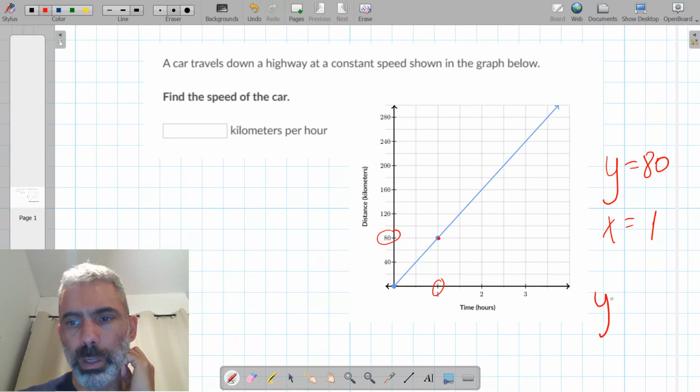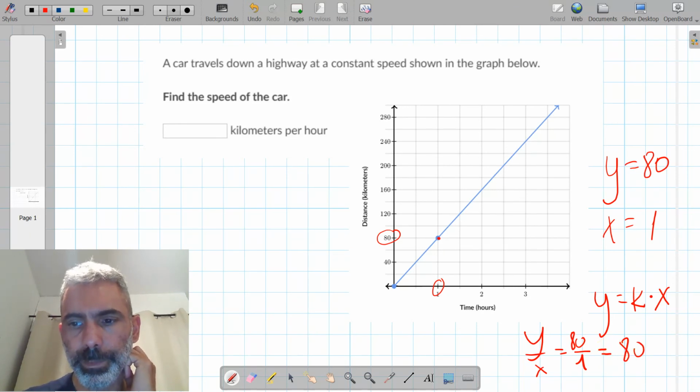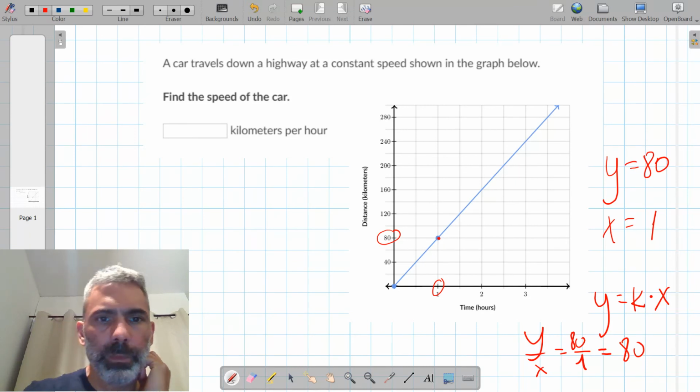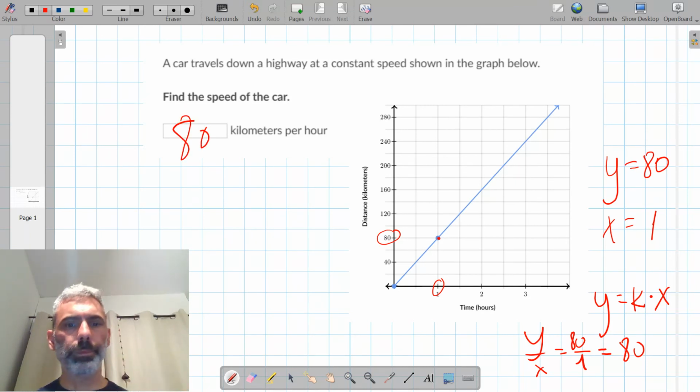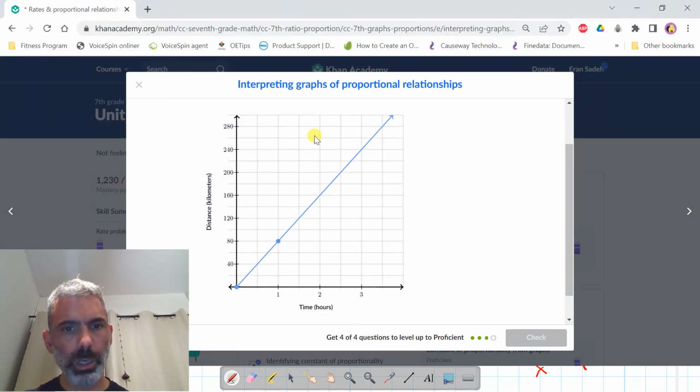So y equals k times x. To know what k is, the constant of proportionality, we divide y by x. So 80 divided by 1 is 80. So 80 kilometers per hour.